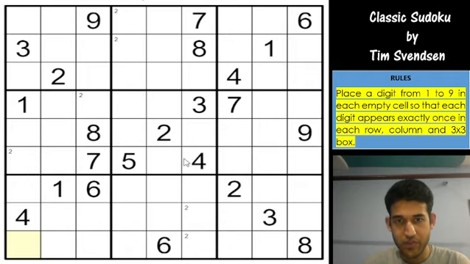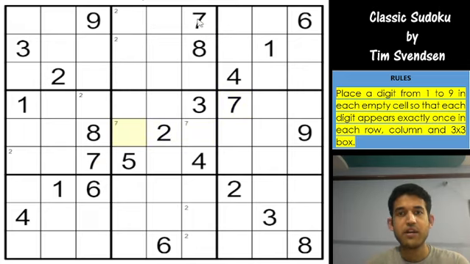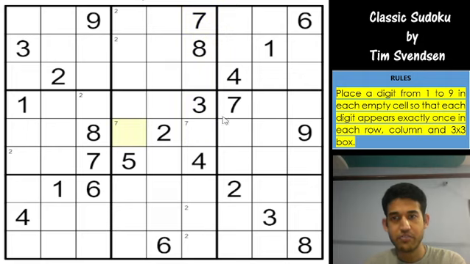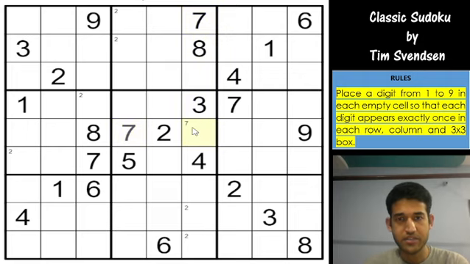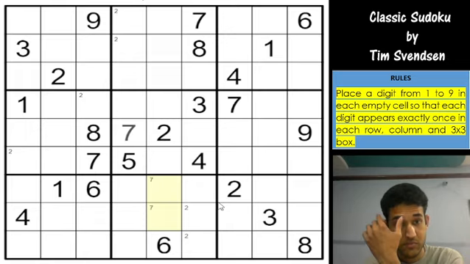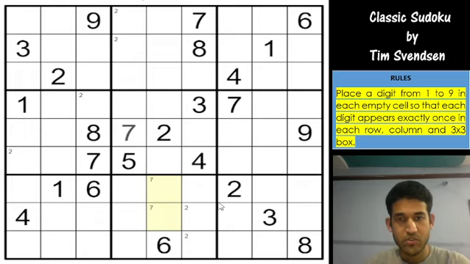So let us focus on a different digit now. Okay, 7 is in row 4 and row 6. So 7 goes into one of these cells, but a 7 in column 6 gives me a 7 immediately in this cell, right? And that gives me a 7 in these two cells. So let me look at 7s now. 7 cannot be in column 3, 7 cannot be in row 1.